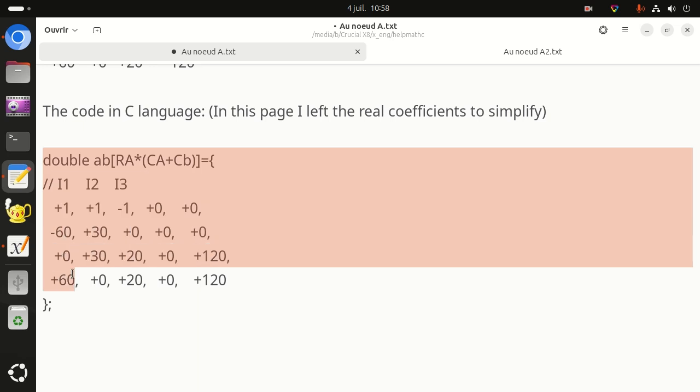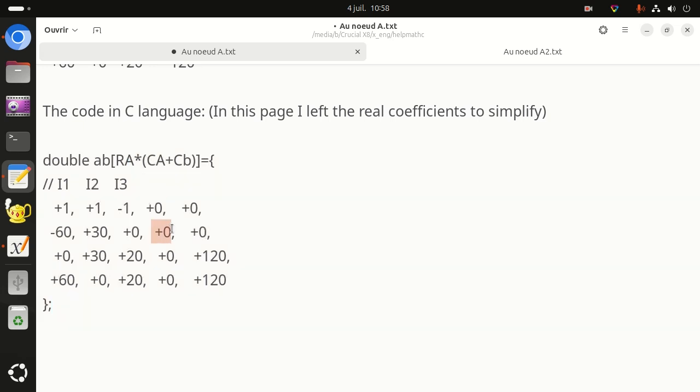Now I have right here the linear system in C language. I have added a zero column. Why? Because I have 1, 2, 3, 4 lines and 1, 2, 3 columns. Also I have added a column. In this manner I have 4 lines and 4 columns.